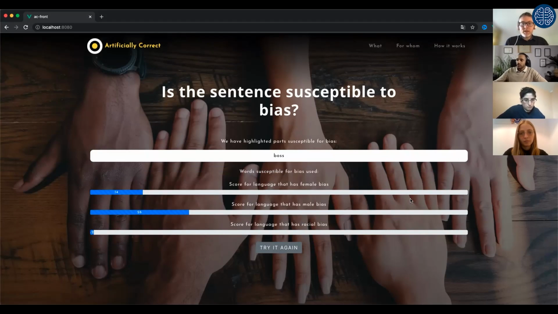The categories we see here, the female bias, the male bias, the racial bias, are very much configurable. These are pre-configured by us, and we are currently working on making that more robust and better. Everyone can set it up in a way that makes more sense. Obviously, in the weekend that we had during the hackathon, this was a first approach.